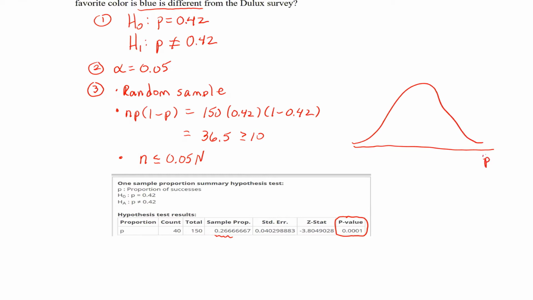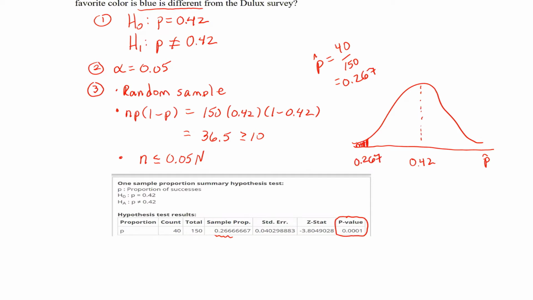So I'm going to just draw a sampling distribution of p hat where the mean of p hat is 0.42, the proportion stated in the null. Our sample proportion is the 40 out of 150, which StatCrunch computed for us as 0.267, which is right here.